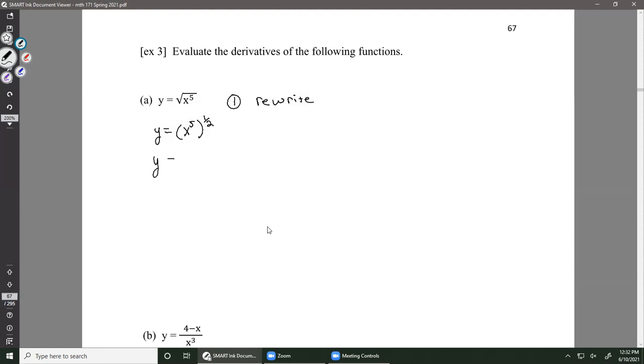And this is y equals x to the 5/2. So one x being raised to an exponent. All right, now we want to take its derivative. So y prime is equal to d/dx of x to the 5/2.